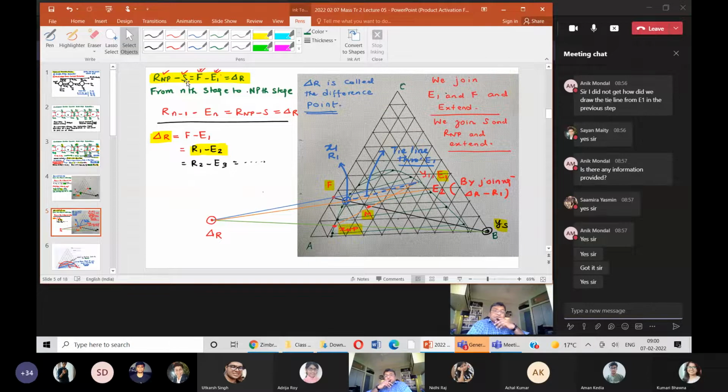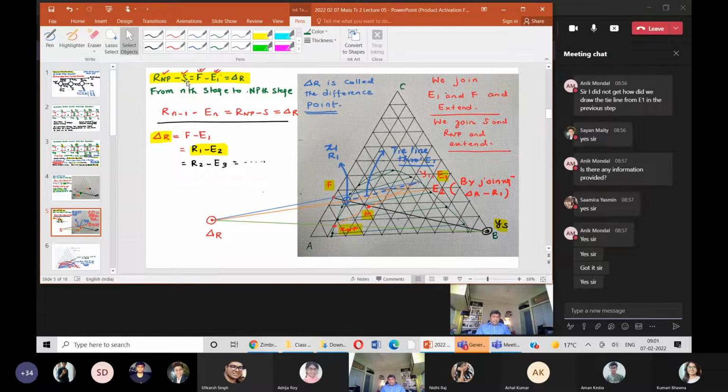Okay, coming back. We have now got point E2. What next? Anybody have any questions here? So how did the process start? The process started by joining points E1 and F and S and R and P and extending the two lines. They meet at delta R, right? Now we have constructed a tie line from point E1, which gives us point R1.